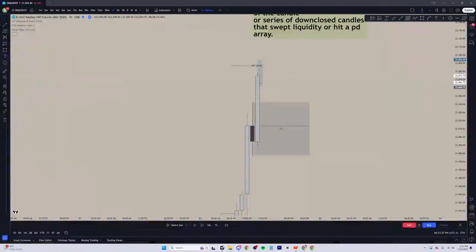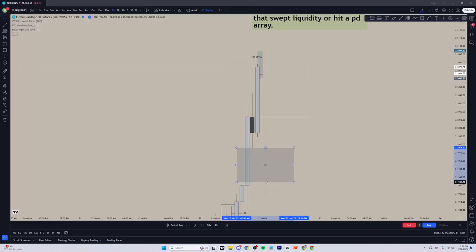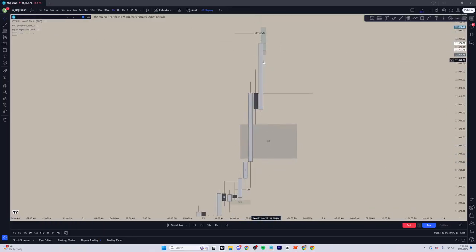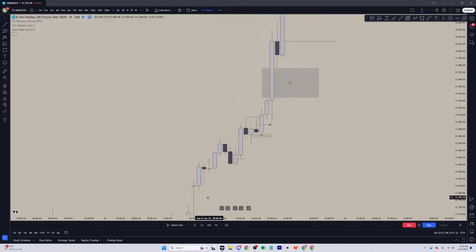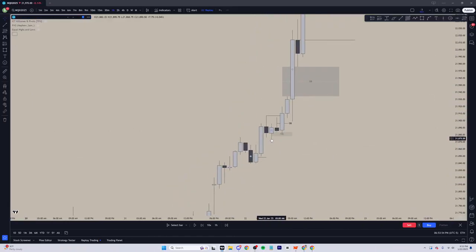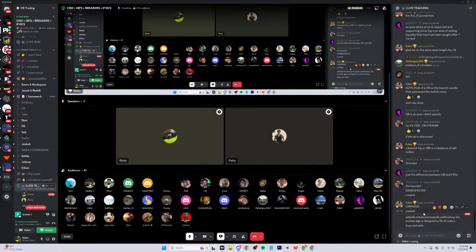The market just moves too fast, too fast of a move for anyone to get in. So it's not liquidity, it's just an imbalance of orders. And then here, the market moves too fast, then we gotta put in orders. Just filling orders.